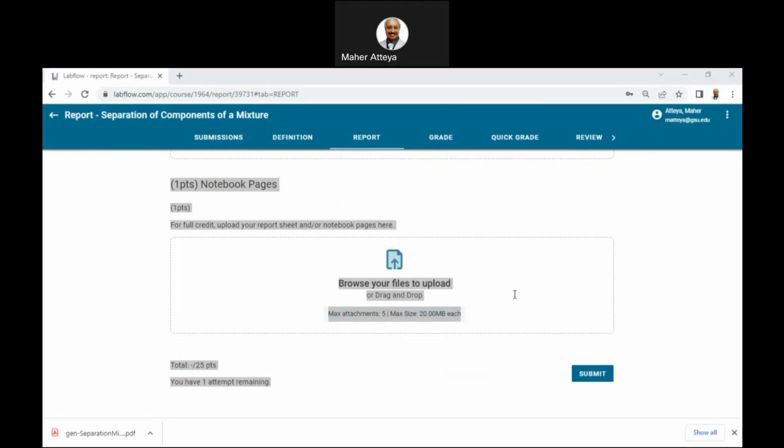So this one here will be yellow, then equal to. Copy, paste.